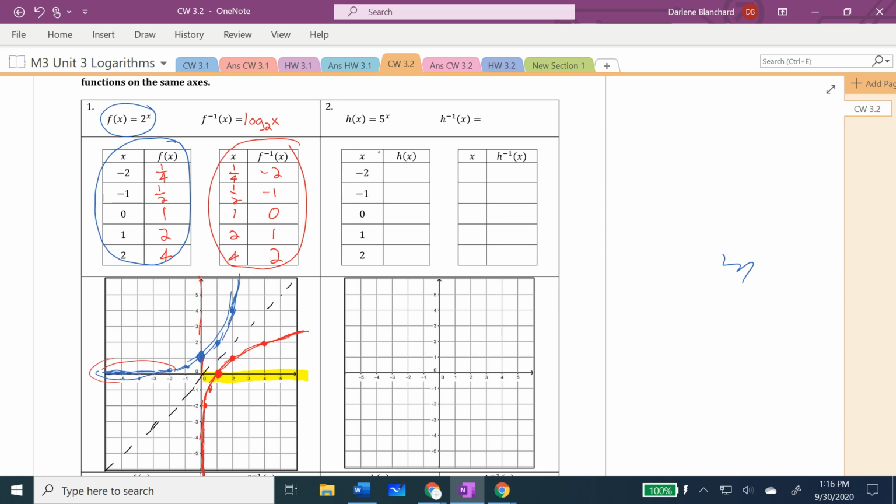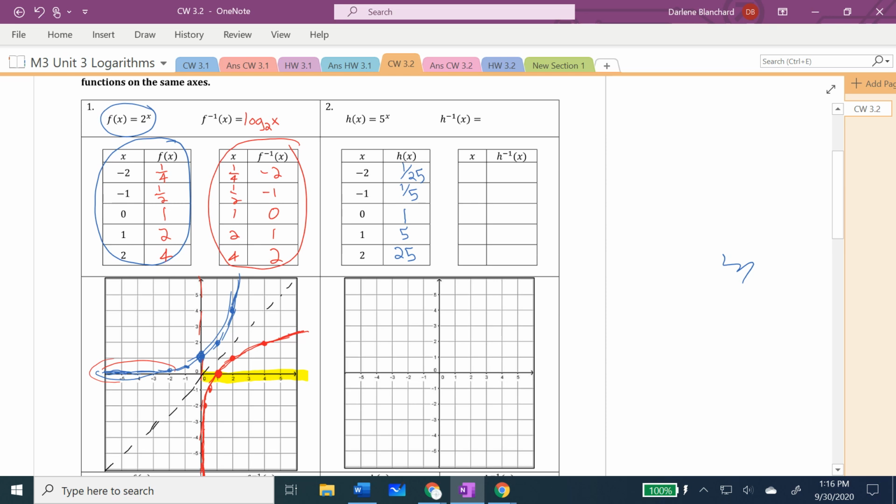Okay. So 5 to the negative 2 power. Hopefully you remember 1 over 25. 5 to the negative 1, 1/5. 5 to the 0 is 1. 5 to the 1, 5. 5 squared is 25.